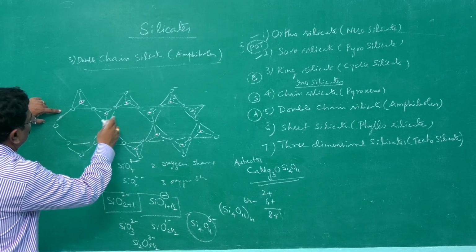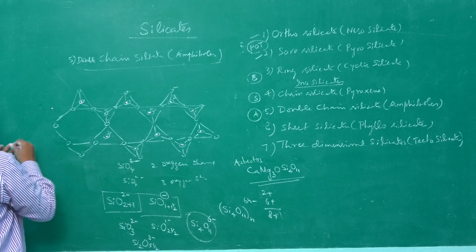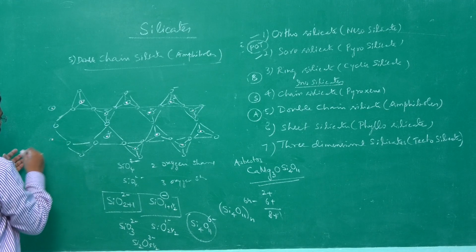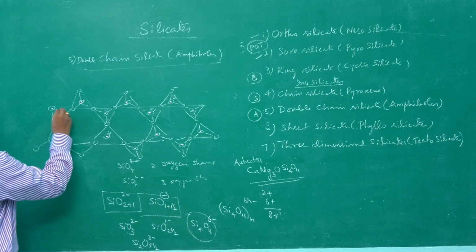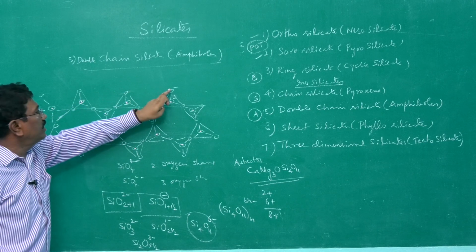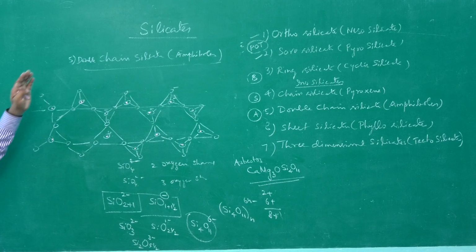When extended, we will be getting here one silicon, here one silicon, likewise it goes. All right. Likewise, the sheet goes. It is getting extended where all these SiO4 units are sharing 3 oxygen atoms.